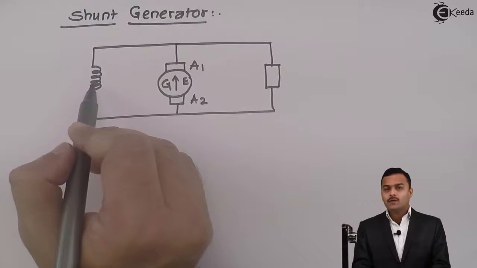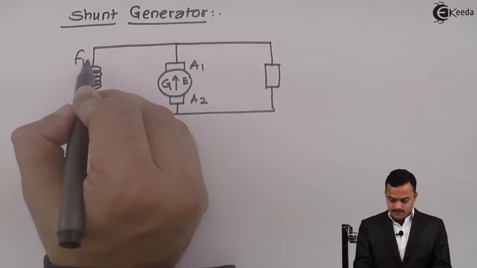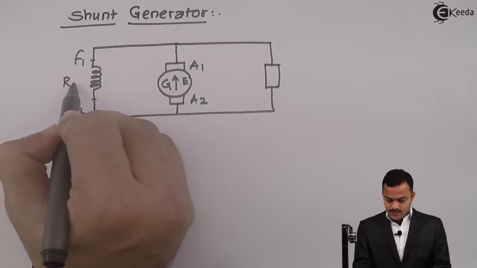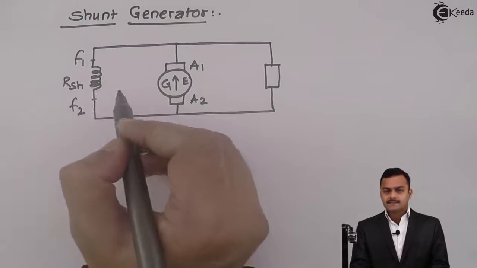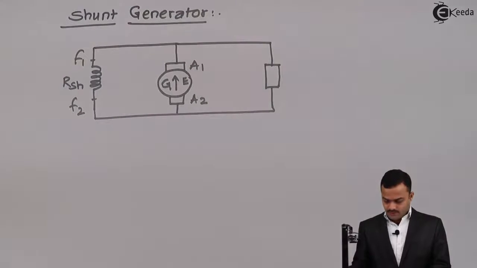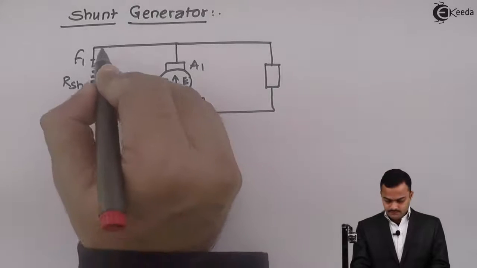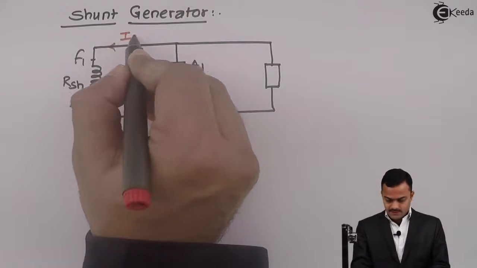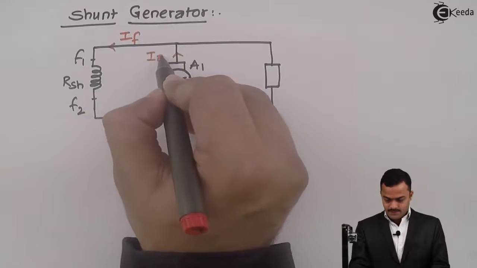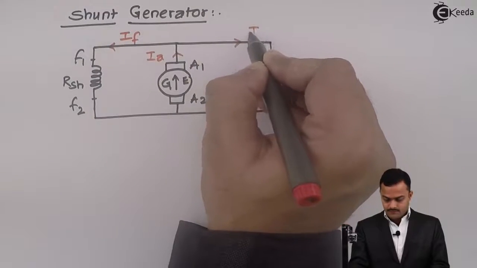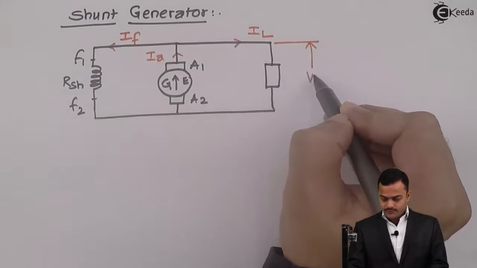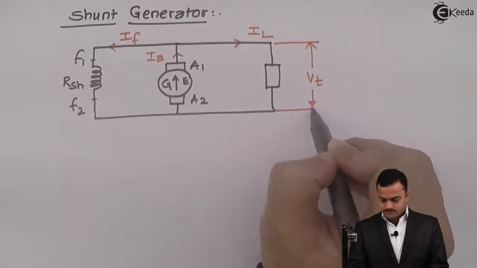This is a field winding with terminals F1, F2, and RSH is the resistance of this field winding. Currents are like this: IF, then IA, and here we will have load current IL, which will develop terminal voltage across the load.